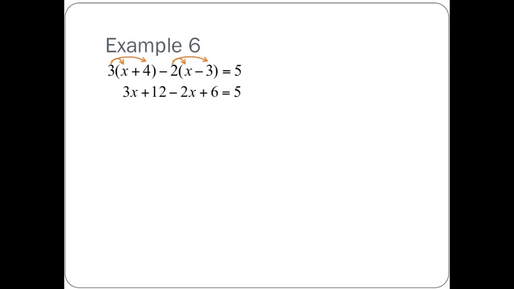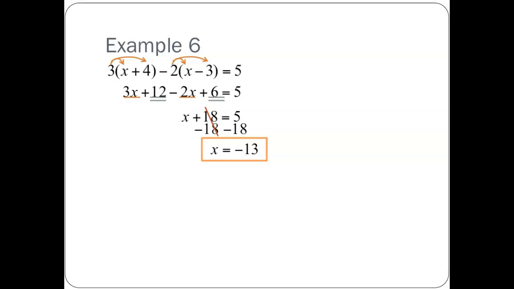Gather up like terms. So 3x and the minus 2x and the 12 and the 6. So 3x minus 2x is x. 12 plus 6, that's 18. So x plus 18 equals 5. And then to get x by itself, we subtract 18 from both sides. And that leaves us with x equals negative 13.